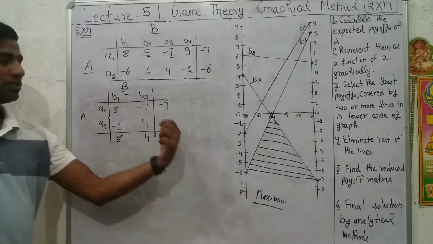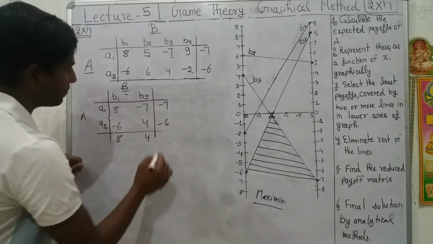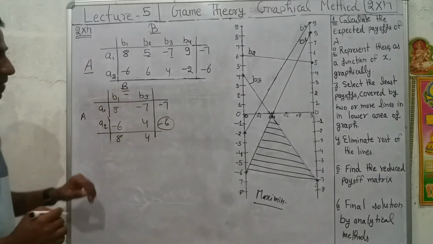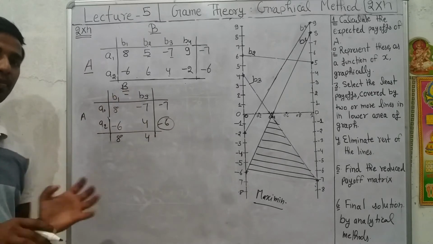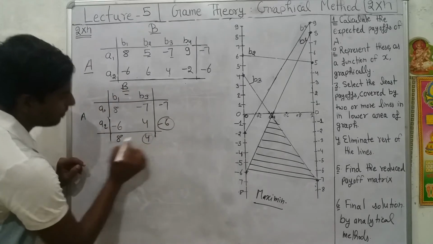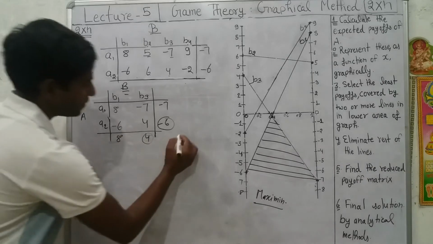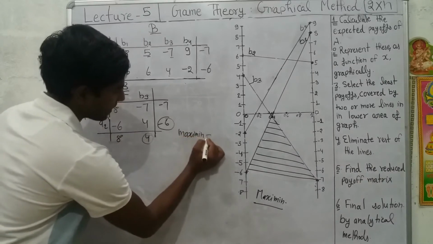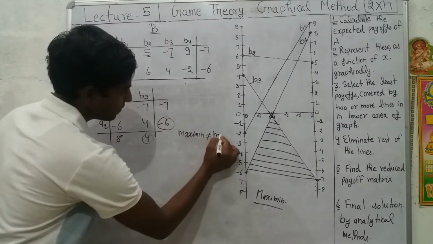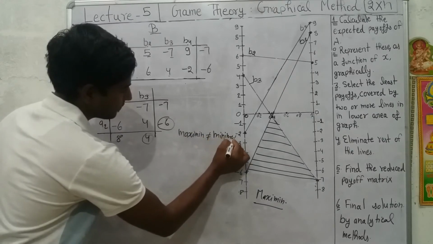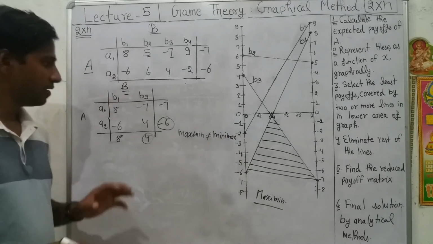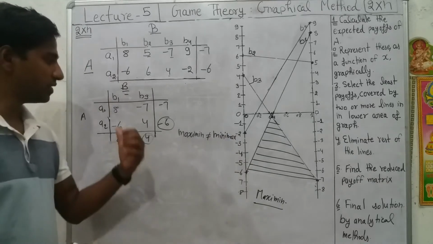So A is going to apply the maximin approach, maximum out of the minimum, and B is going to apply minimax, minimum out of the maximum. So in this case, we don't have a saddle point, which means maximin is not equal to minimax. So we can't find the pure strategies for these players.